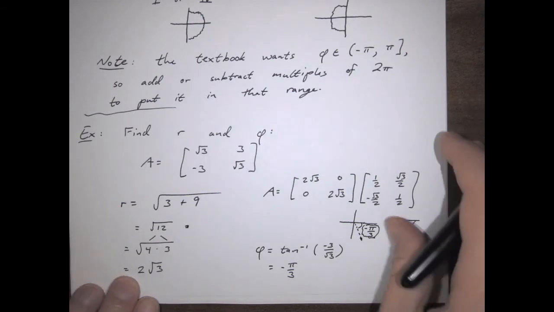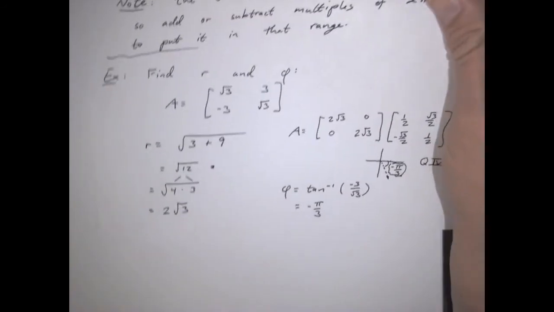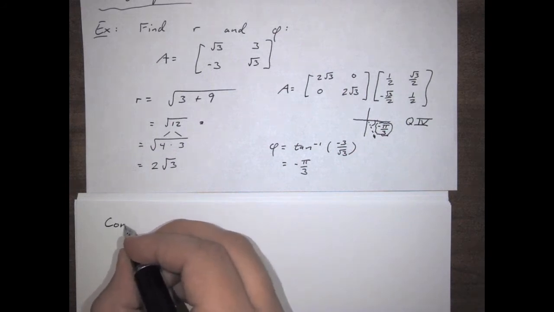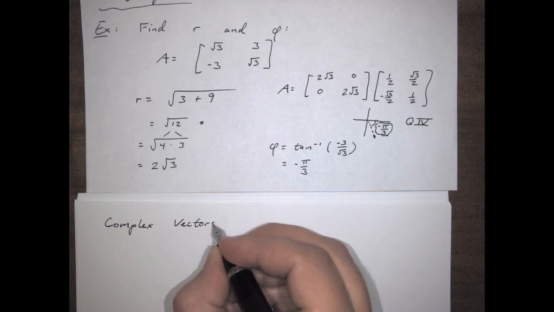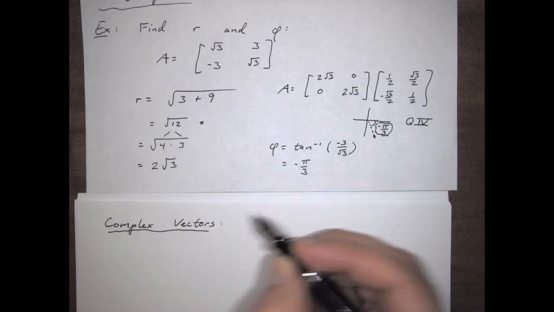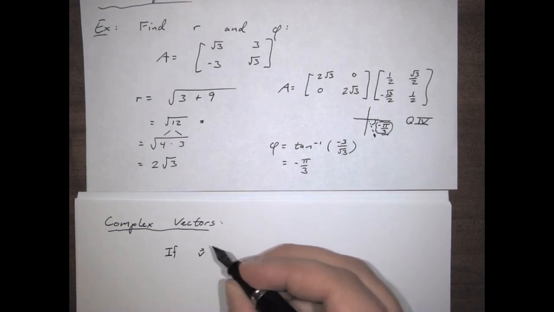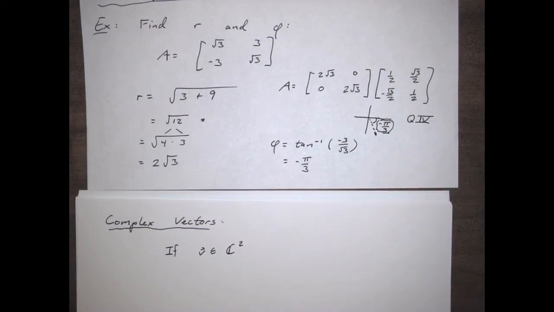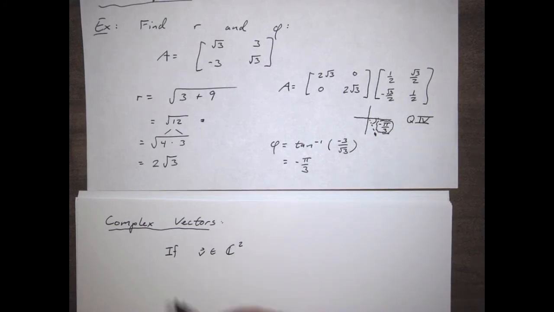Now let's go back to looking at the complex eigenvalues and eigenvectors, and I want to make a couple of observations. So, complex vectors. Let's say that V is any 2-entry complex vector, so it's got two entries, each of which is a complex number.